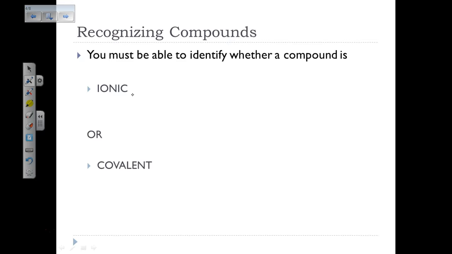As I've talked to you before, ionic compounds are those that transfer electrons. But an easier way to determine this, and this works most of the time, is if we have a metal and a non-metal together.